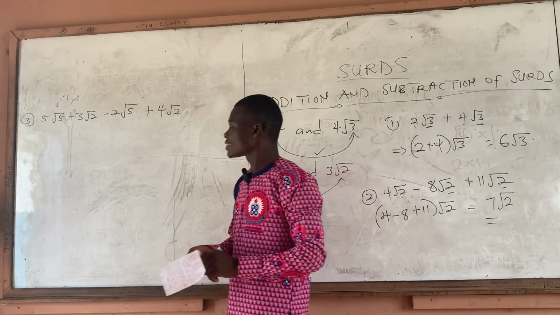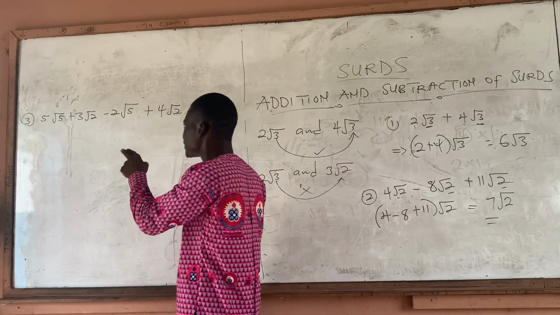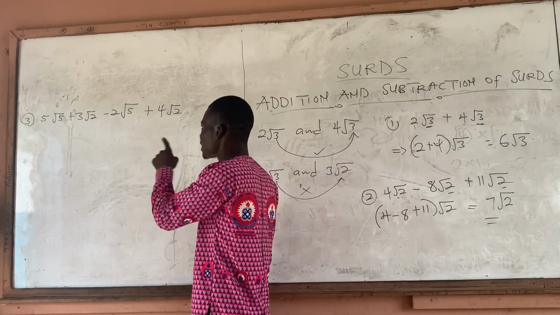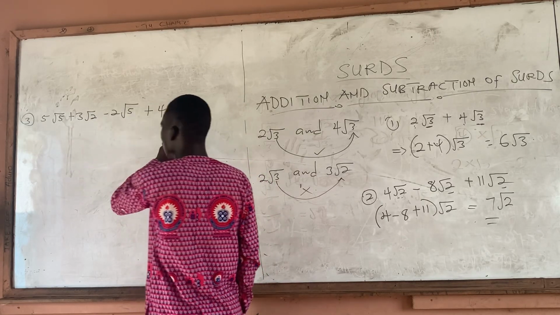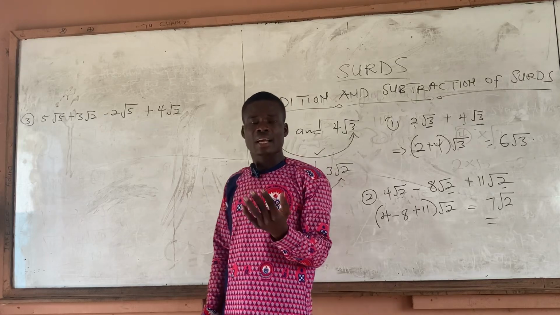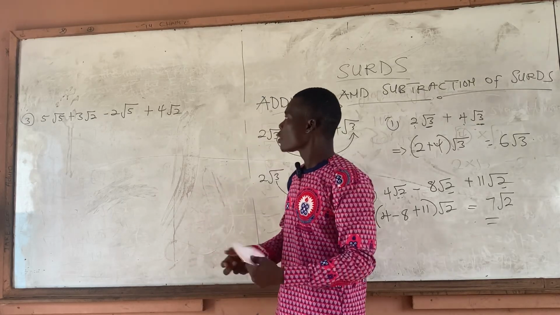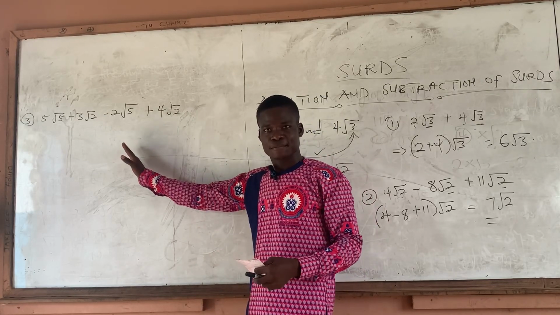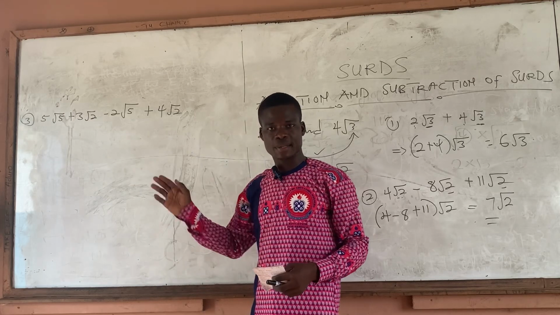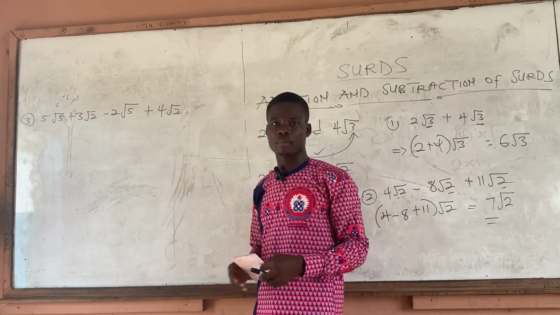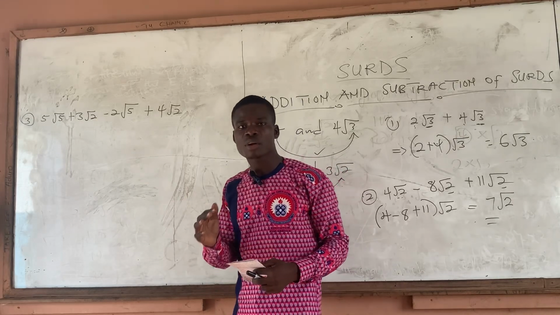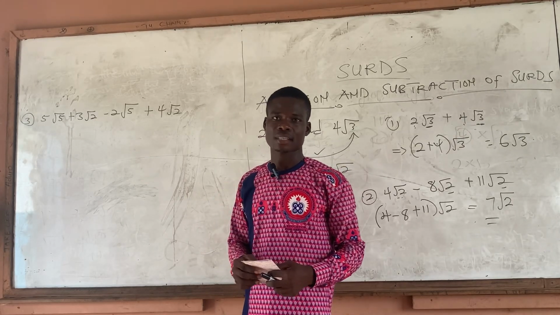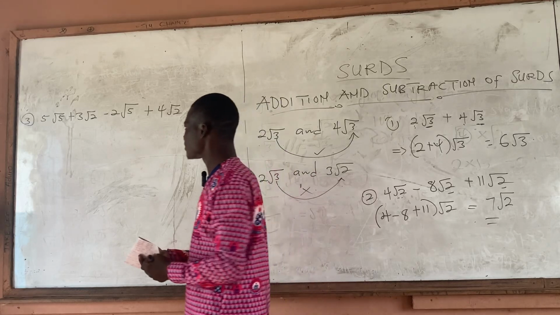In this case, let's inspect the numbers under the radical sign. Here is 5, 2, 5, 2. We can clearly see that we have two different roots in this problem. So we have to group them the way we group like terms.